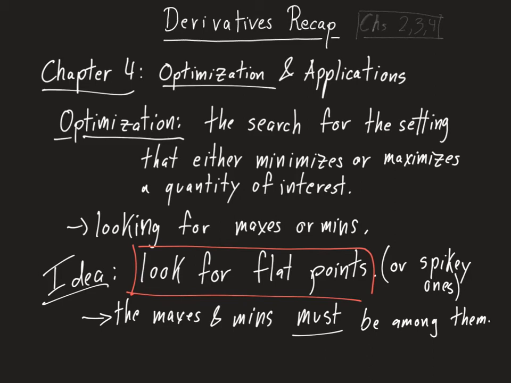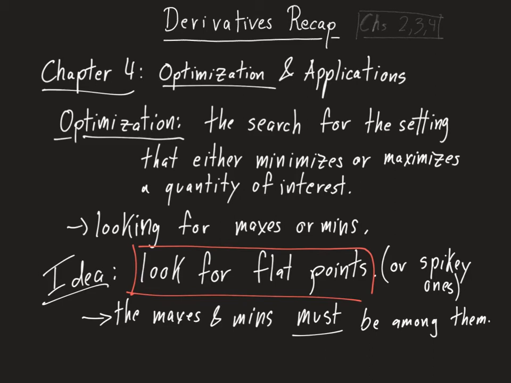So instead, the strategy is to avoid looking at points willy-nilly one by one. Instead, the first thing that we do is narrow down our search to just trying to find points which are flat, or if those exist, points where there are spiky bits. Once we've found those, it should usually be a pretty small number. Small as in not infinite. If it's not infinite, we can actually count through them.